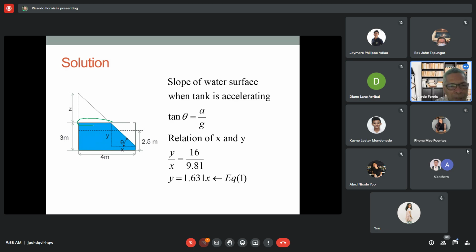Somewhere here, the liquid cannot go out because there is a cover. So if you are going to expand this, this will be the imaginary liquid surface. That should be the position that the liquid surface will take, assuming that there is enough wall at the rear side, enough wall that can prevent the liquid from spilling out.